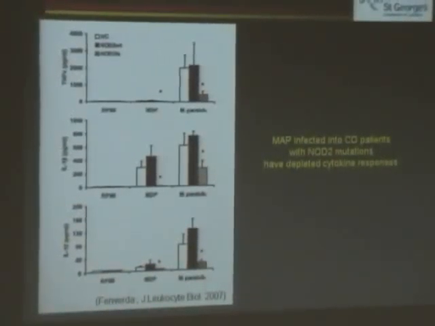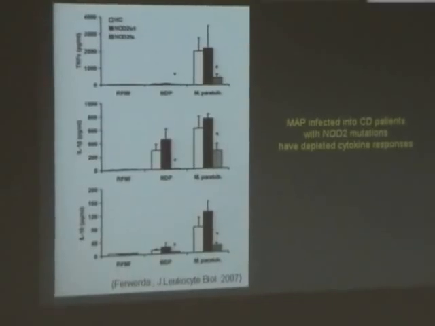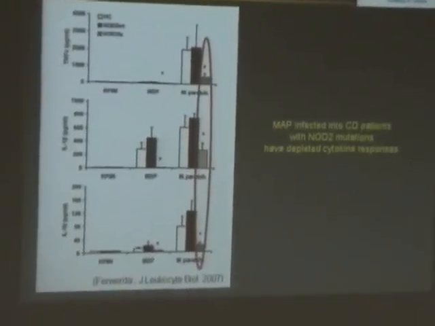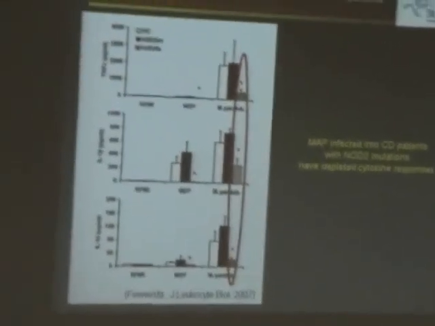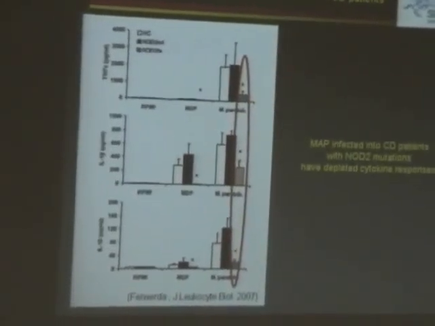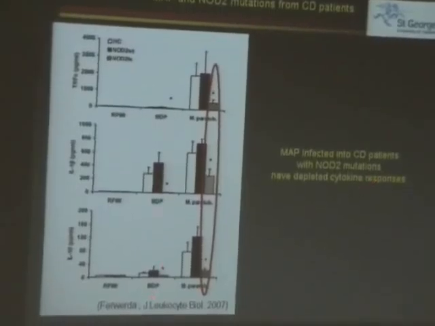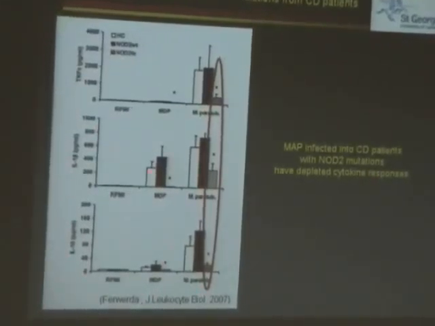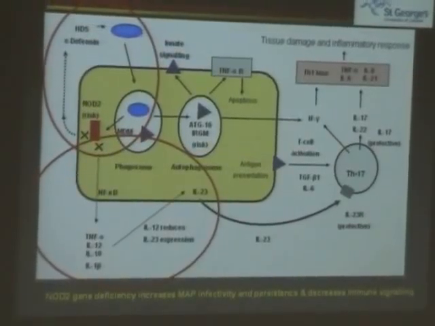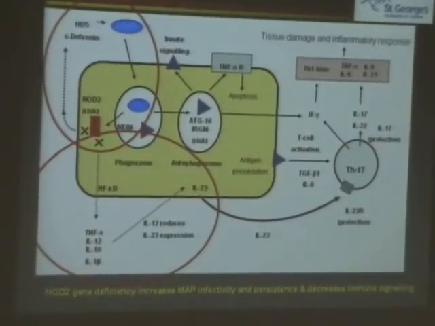We then take Gerben Verwerder's work from the University of Nijmegen, where he took human cells, put MAP into human NOD2 negative cells, and saw depletion of the cytokine responses that we looked at. So, what does all this mean? You've got mutations in your NOD2 gene.